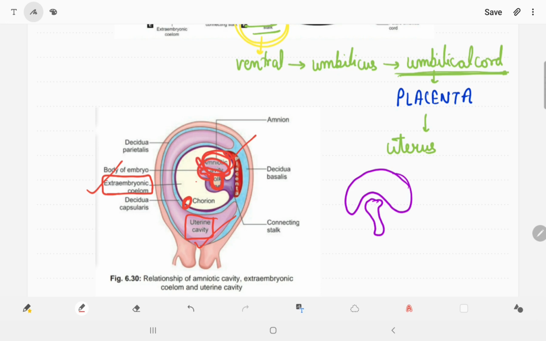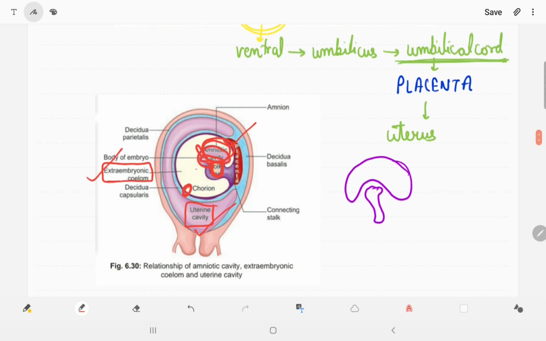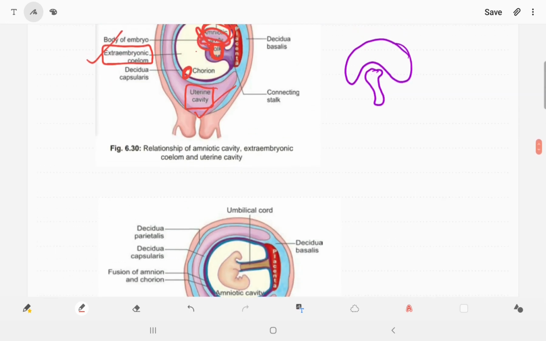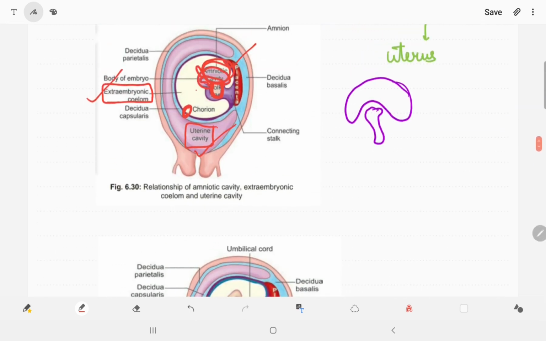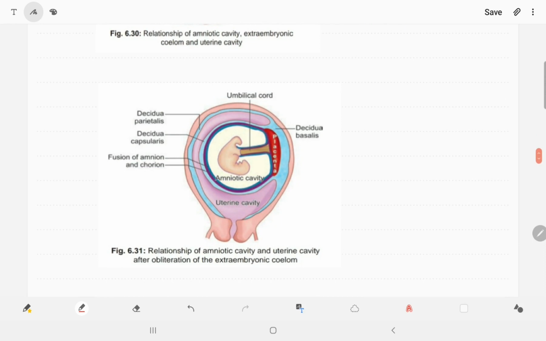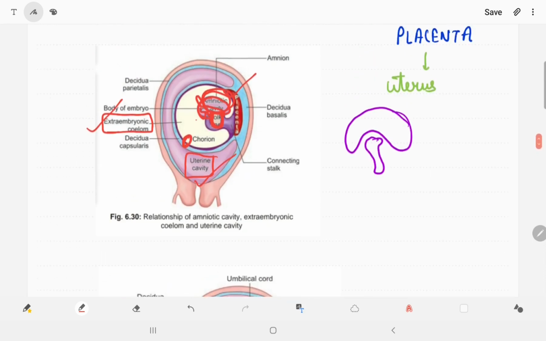So what happens is, as the baby grows, it will grow at the expense of the extraembryonic coelom. By this I mean that this will obliterate the extraembryonic coelom, right? So now in this diagram, if I make the amniotic cavity grow bigger, can you imagine that my chorion and amnion will fuse together, because I have obliterated the coelom. So amnion and chorion will fuse together.